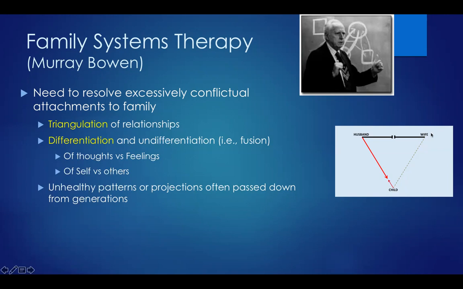Triangulation happens when a third person, or it can even be other things like the TV or whatever, deflects from the issues between the two people. So let's say husband and wife are having some issues. They are fighting a lot. They aren't getting along. They're disagreeing over money, things like that.